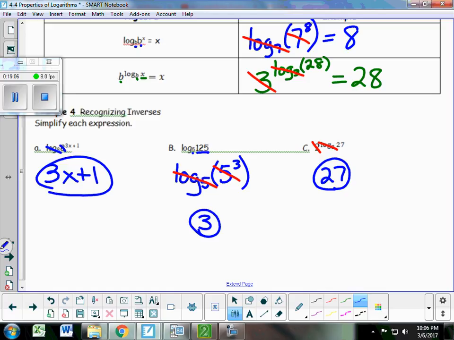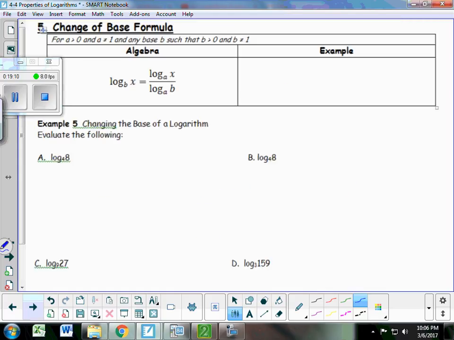Okay, so the next thing is the change of base formula. This formula will allow us to find the logarithm of anything, even if it doesn't work out nicely. We can get decimal answers. This is going to be really nice. Some calculators already allow you to put any type of base in, but not all calculators do. So this will help any calculator solve a logarithm.